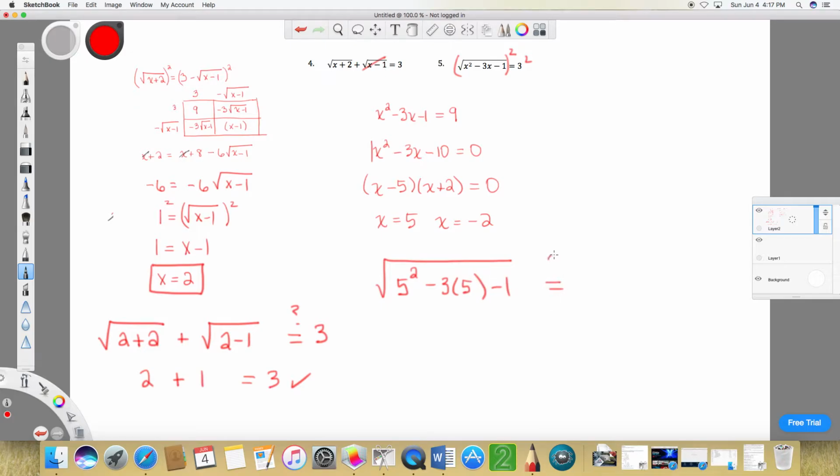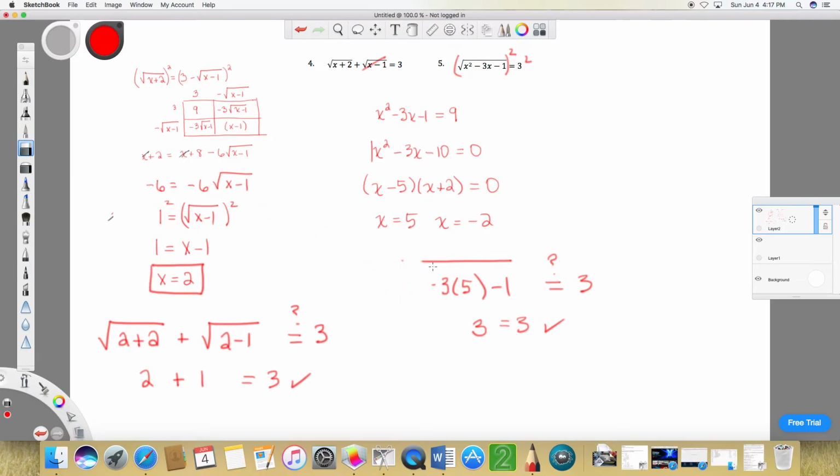And the big question is, will that result in 3? So this is 25 minus 15, which is 10, and 10 minus 1 is 9, and the principal square root of 9 is 3. So yes, that checks. So x equals 5 is in my solution set.